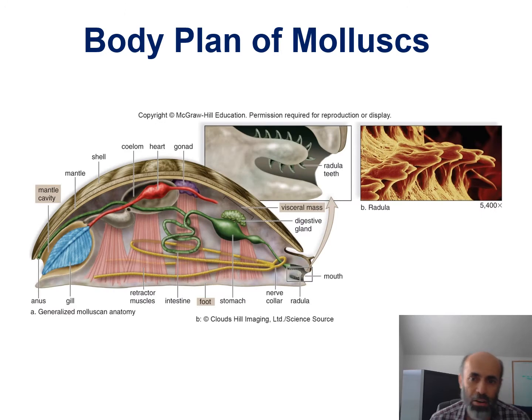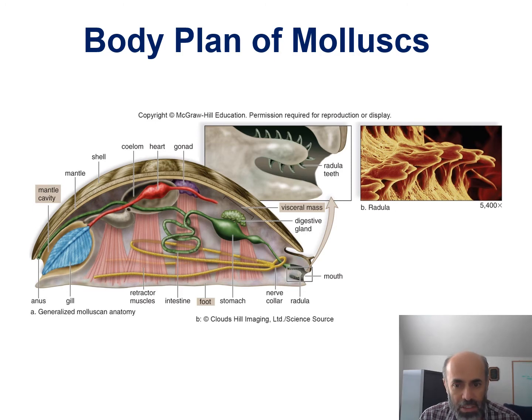That's the body plan of a typical mollusc. In this case, the outermost structure is their shell, which is made with the help of the mantle. You can also see a very rudimentary heart, which is filled with hemolymph.